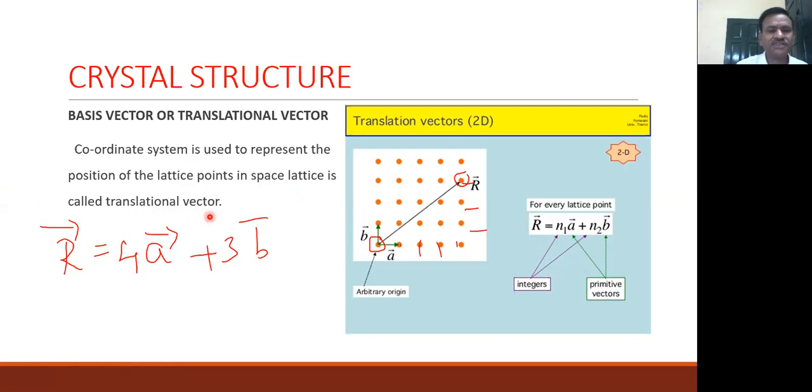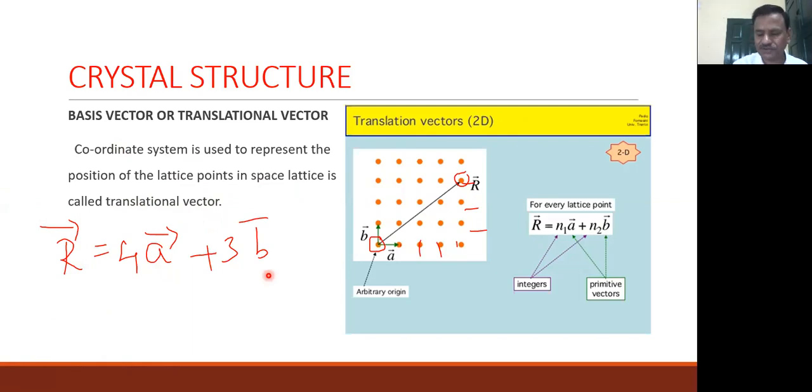In the coordinate system, any point in the lattice space is represented by the coordinates. That is called the translational factor. Some books call it x, y, and z, no problem. But I am calling it a, b. If it is 3-dimensional, then I will call it c.